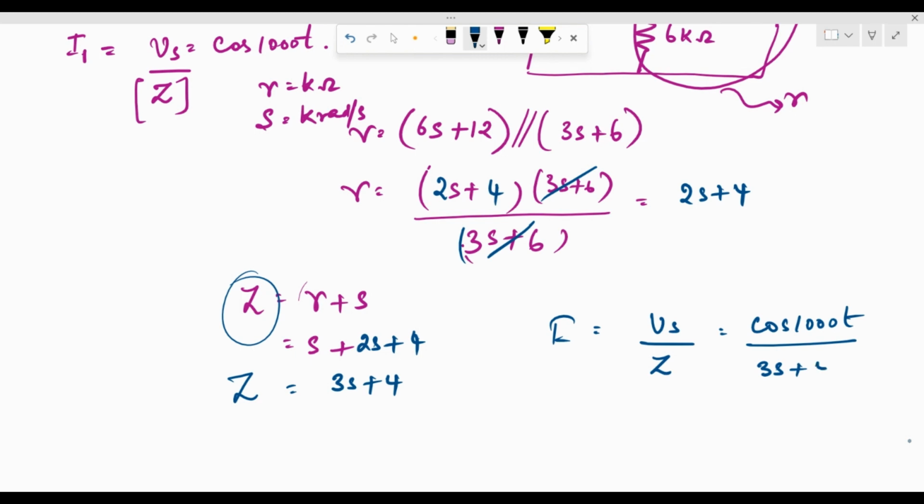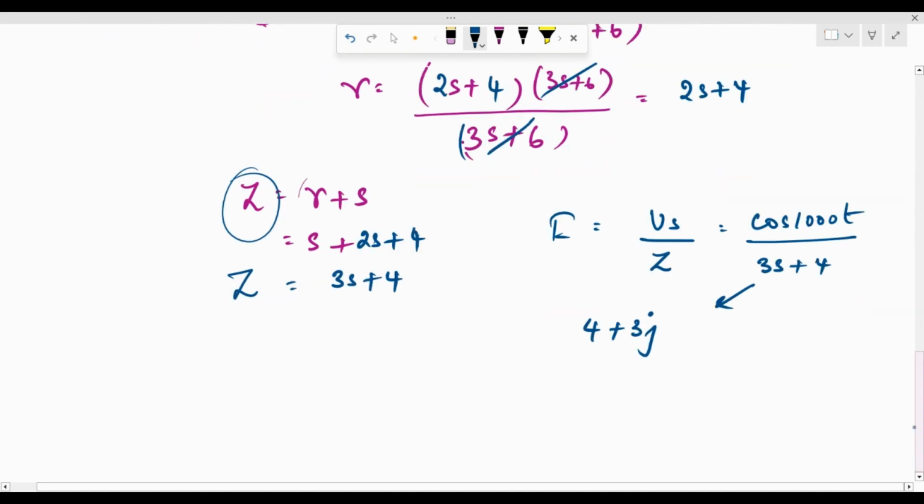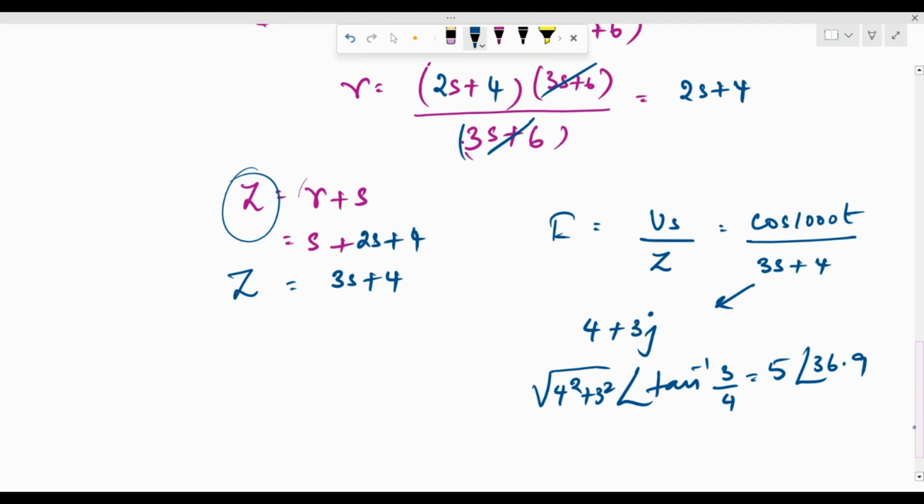Now, this can be written in the complex form as 4 plus 3j. In the polar representation, this is root of 4 square plus 3 square, angle tan inverse of 3 by 4, which turns out to be 5 angle 36.9.